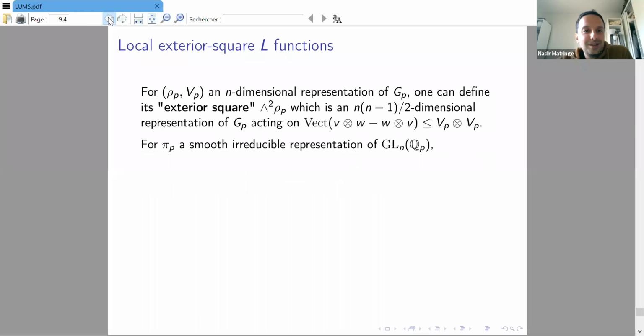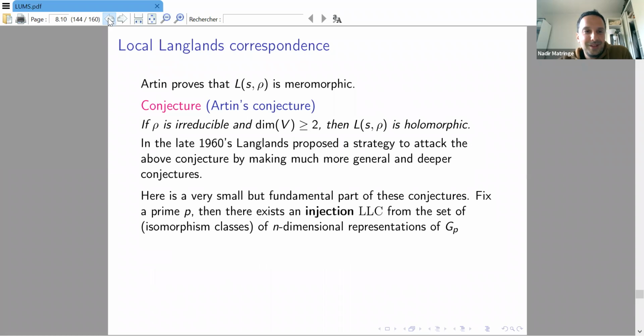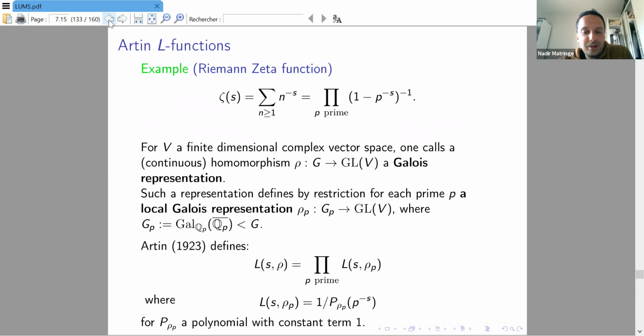No, it's just that, first of all, you mean the role in these constructions? In these constructions, your L functions on the Galois side are defined as Euler products, and the Euler factors depend on Q_p, because they depend on the absolute Galois group of Q_p. Yes. Yeah.